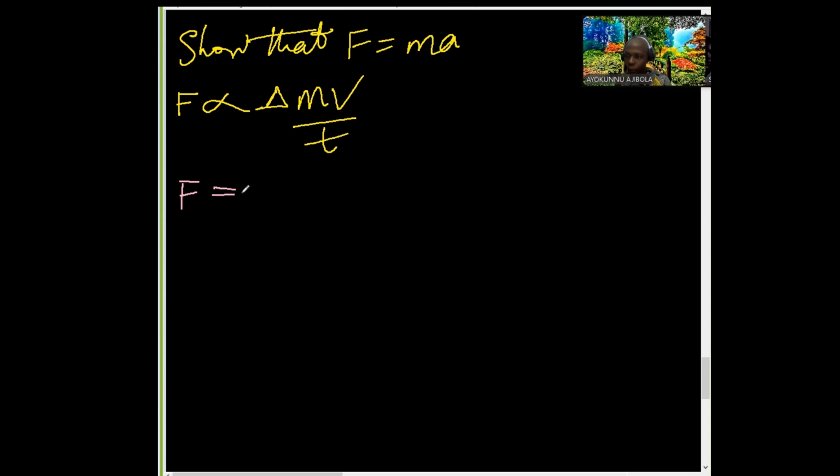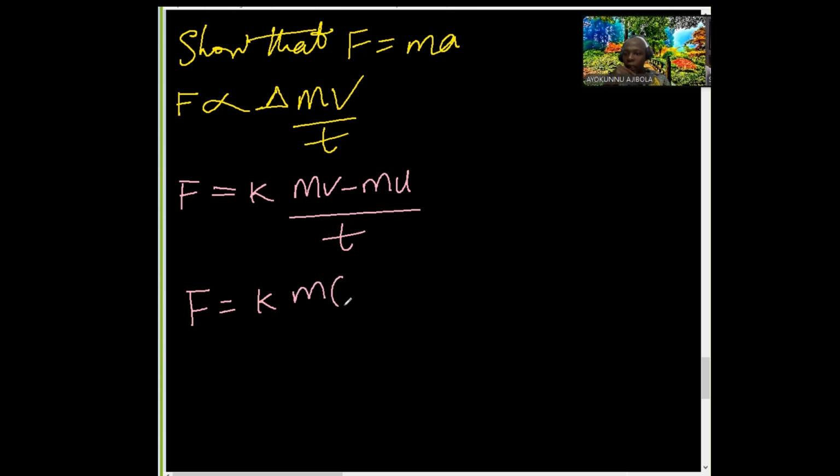If we remove the proportionality and put a constant, then F equals k times final momentum minus initial momentum over t, that is, k times m into (v minus u) over t, where (v minus u) over t is acceleration.